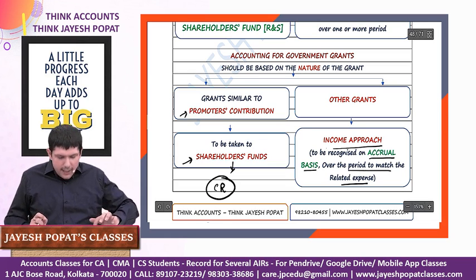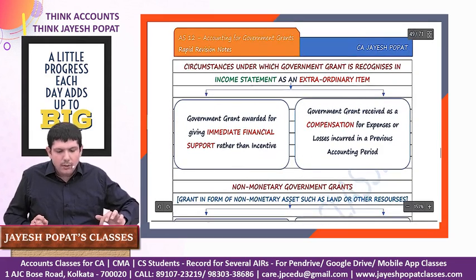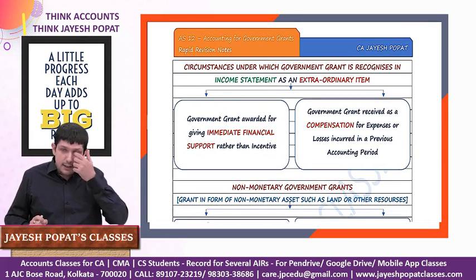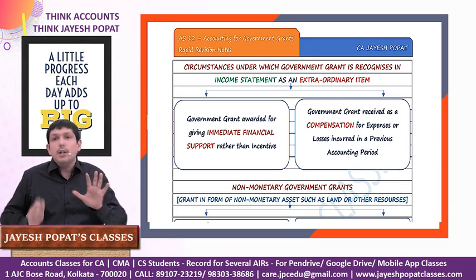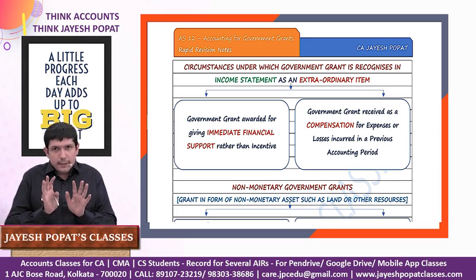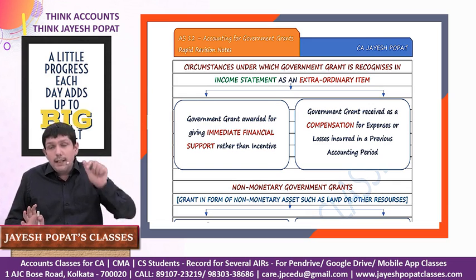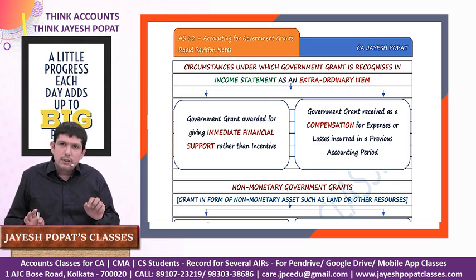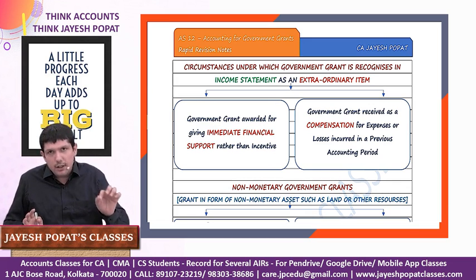Now, there are two circumstances under which the receipt of a government grant is treated as an extraordinary item. Normally the receipt of a government grant is not an extraordinary item, but only under these two scenarios will it be treated as an extraordinary item.